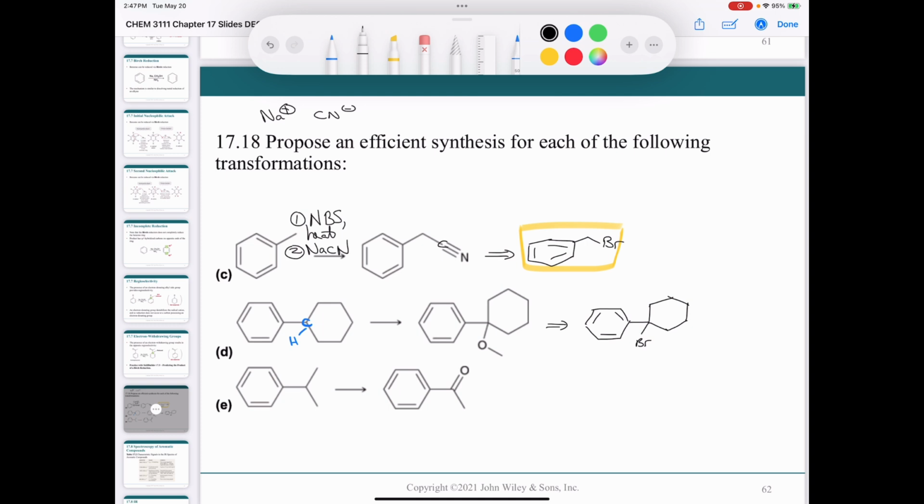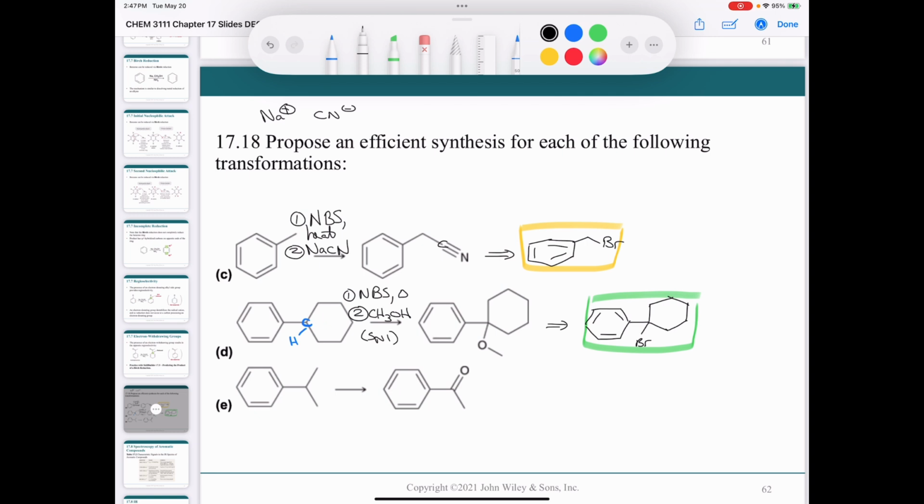And so we could just use methanol, CH3OH, as our solvent, and that would do just a solvolysis reaction. And so in order to make the compound that I have here in the green box, all we're going to need is NBS and heat, same as the first problem. So the first step will be NBS, and we'll use the triangle for heat. And then in the second step, we're just going to need some methanol as our solvent, and that would be an SN1 reaction.